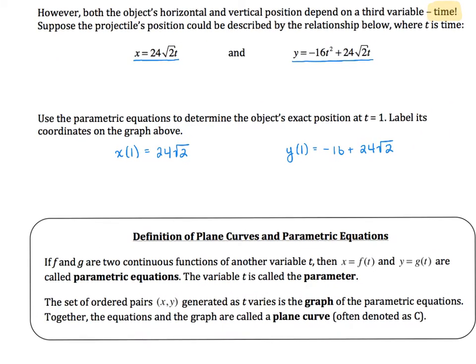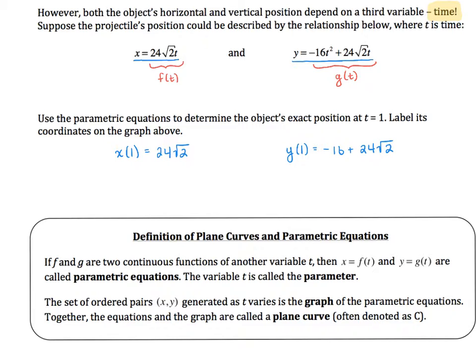We're going to formally try to define parametric equations in terms of their graph. So if f and g are two continuous functions of another variable t, then x as your function of t and y as your other function of t are called parametric equations. So just to do a little bit of labeling, in this case, this is what we would be considering f of t, a function of time. And this piece right here would be g of t, another function of time.